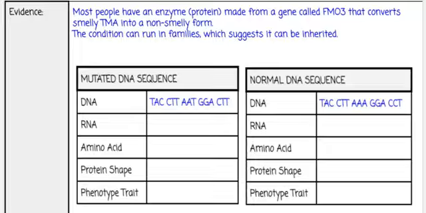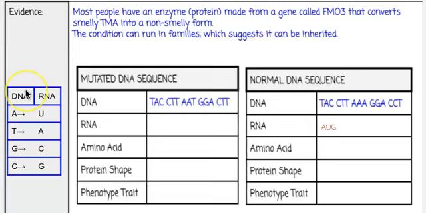This condition can run in families, which suggests that it could be inherited, so it's passed on. If we compare the mutated DNA sequence to the normal sequence, we can see that there is a change in this gene, right here.